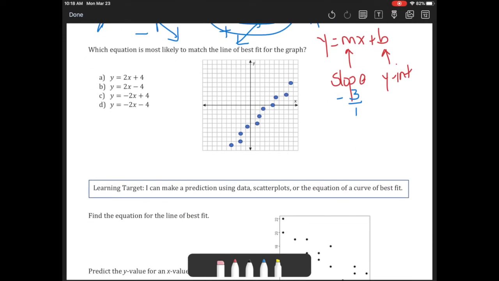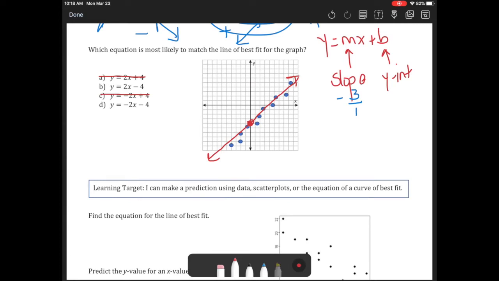Looking at the next question, which equation is most likely to match the line of best fit for the graph? So if I say, okay, here's my line of best fit, about like this, I definitely have a negative y-intercept, and it looks like it's around -4, which would make A not possible, and C not possible, because those both have y-intercepts of +4.